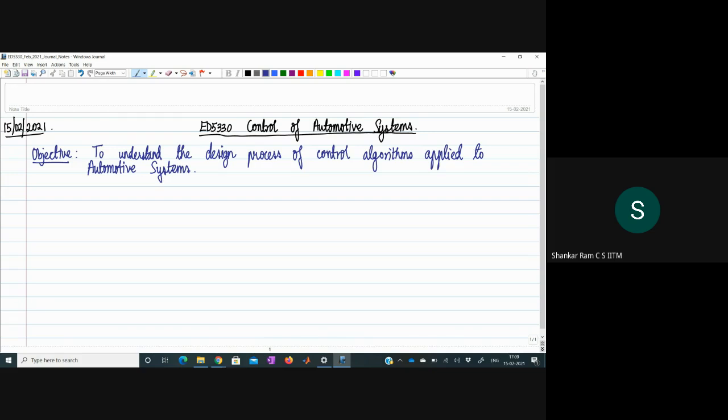So there are various automotive systems being controlled in an automatic way. We are going to learn the basic theory behind control systems in general, and then learn how to apply them through certain case studies.